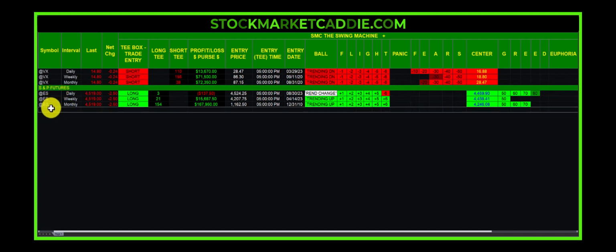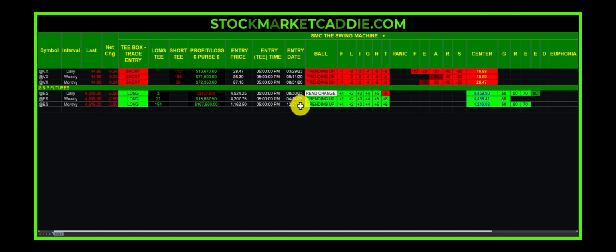The S&P futures contract on a monthly basis actually went long 154 months ago at this price, 1162.50 at 5 p.m. in December 31 of 2010.